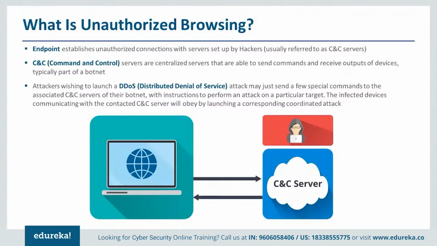Unauthorized browsing is nothing but, as we said, whenever a piece of malware or a piece of script gets into your computer and initiates an unauthorized communication towards a command and control center, or tries to communicate to the developer or the hacker. This kind of communication is called unauthorized browsing, or unauthorized communication in simple terms. When an endpoint or a server is compromised, it gets connected to the CNC.